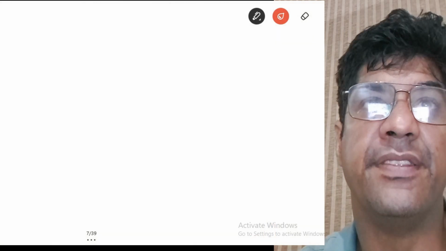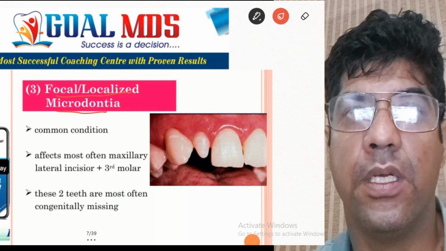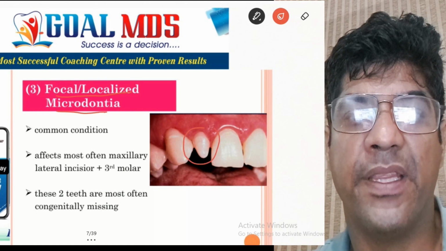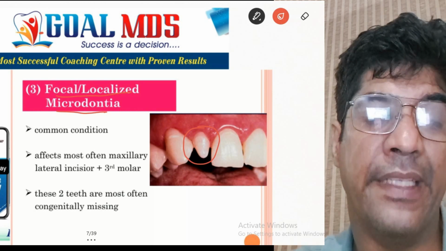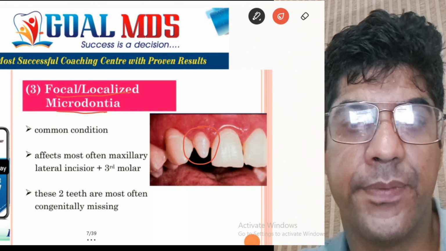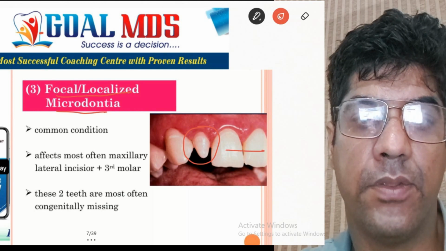The third one is the focal or localized microdontia. When certain teeth are smaller than they should be, it is focal microdontia, while the rest of the teeth are normal.